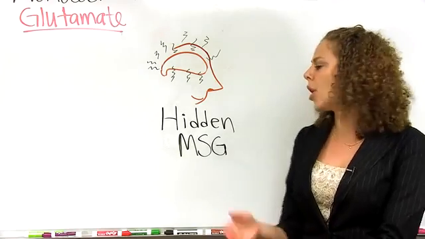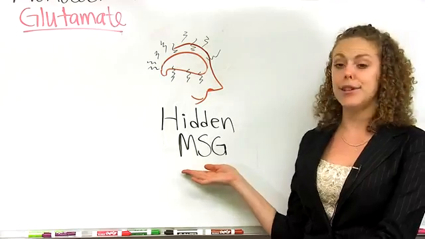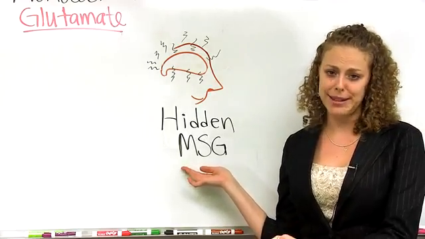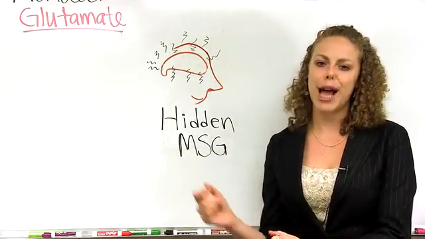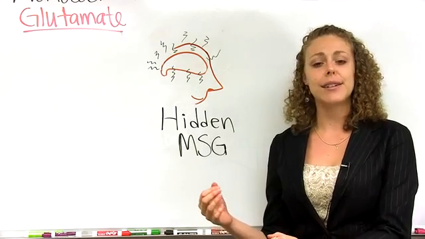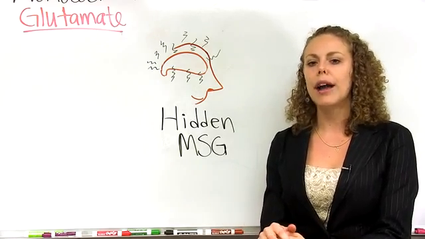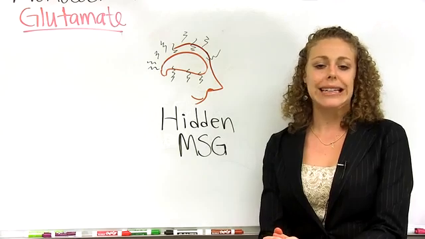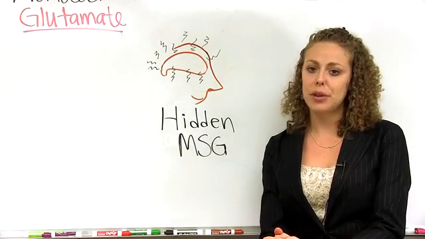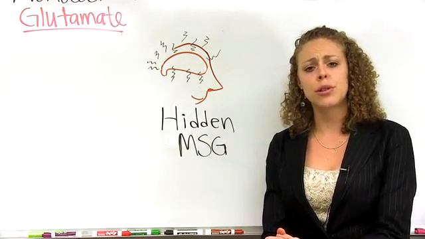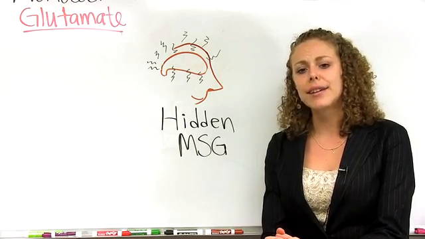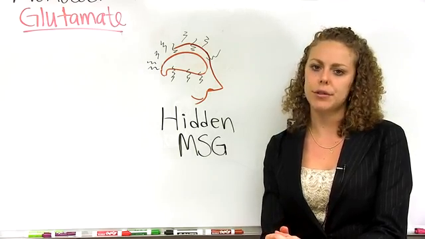And sometimes there are hidden glutamates that don't even include the word glutamate. Anything hydrolyzed, like hydrolyzed soy protein or hydrolyzed cornstarch, yeast extract, maltodextrin, modified cornstarch, soy protein, dextrose, and many others.